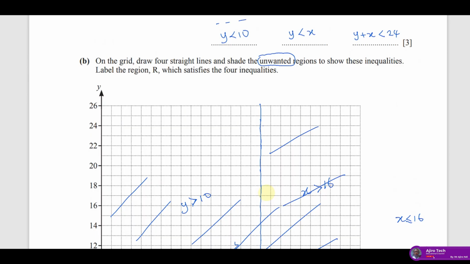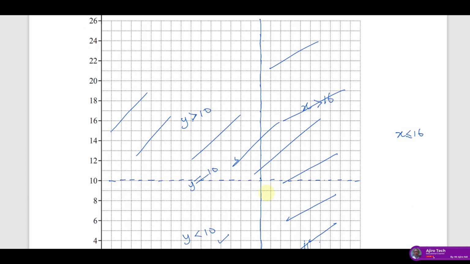So the last equation is y plus x less than 24. We use the intercepts. Before I do this, we're going to use the equation y plus x equal to 24.